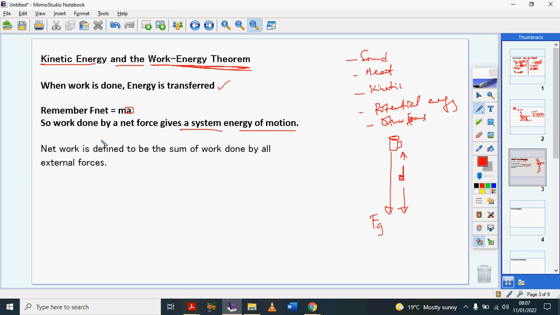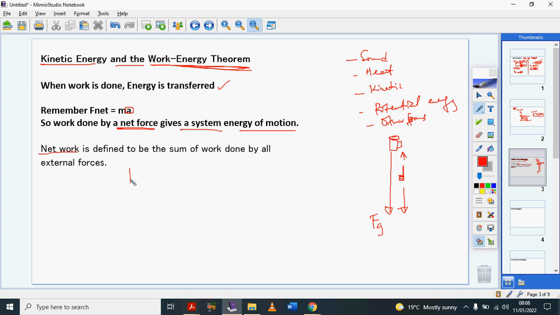So if a net force does work, it's going to do net work. It's going to give the system energy of motion. Now, net work is defined to be the sum of all the work done by all external forces on the object. That's why it is net work, just like net force is the sum of all external forces.